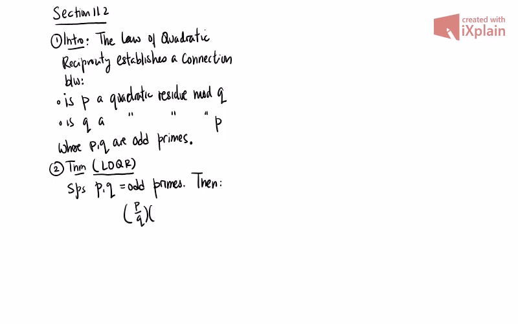It says if you take the product of the two Legendre symbols, what you get is -1 to the power of the product (p minus 1 over 2) times (q minus 1 over 2).